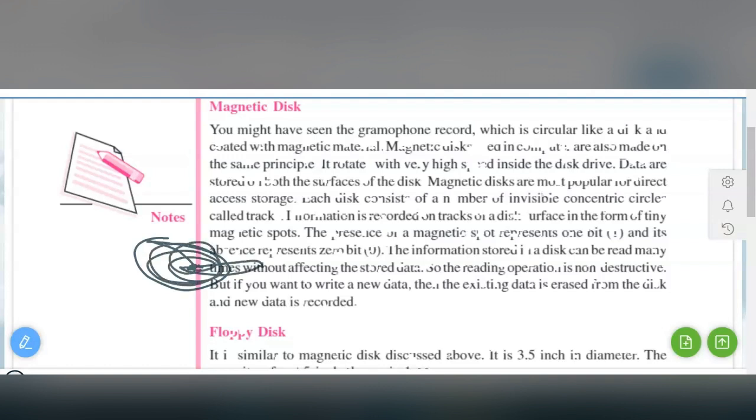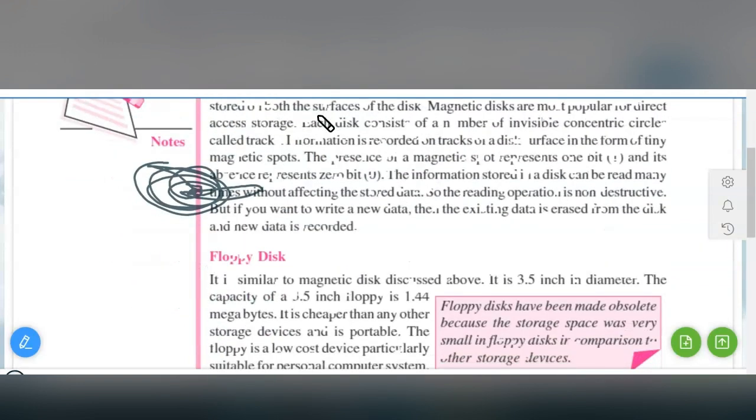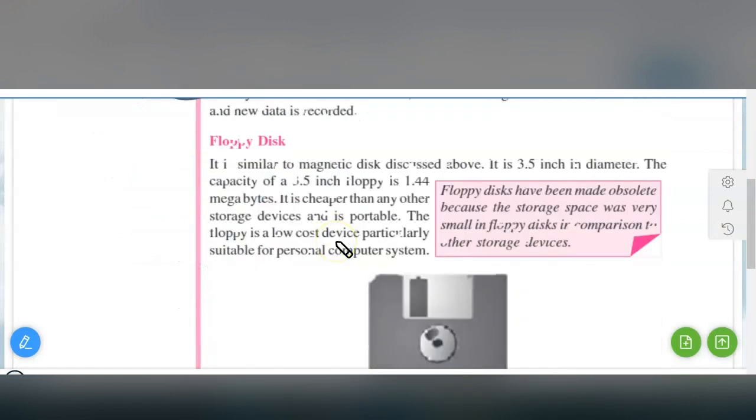When it rotates, the data is read; the song just plays accordingly. It is stored on the top portion using something magnetic. The same process happens in your magnetic disk too. Here data is written, just like the song is there.